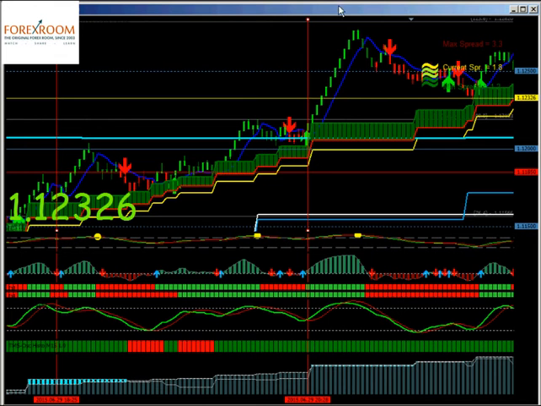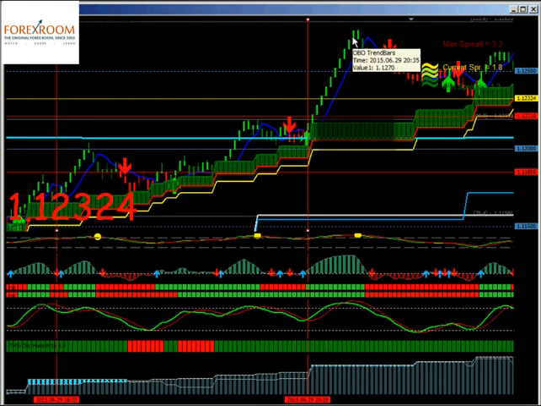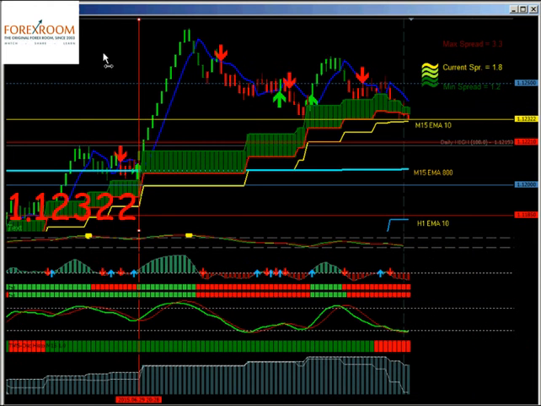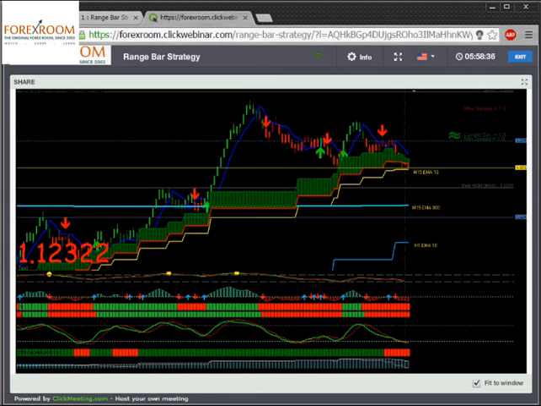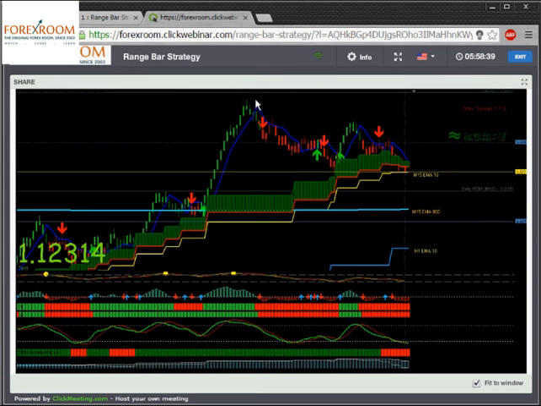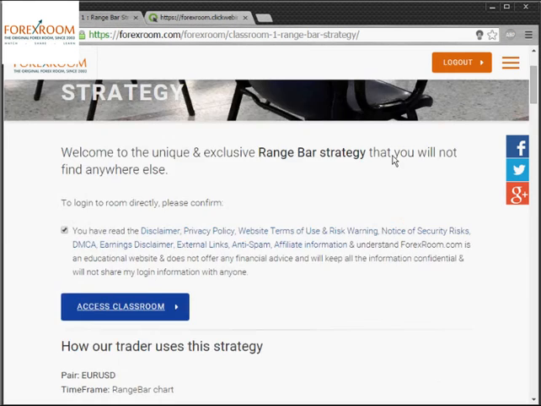All you have to do is put a pending buy on top of these levels, wait for the market to click your order and give you a decent profit. So this is how the trader uses our strategy. This strategy is available to you right here under your account live.